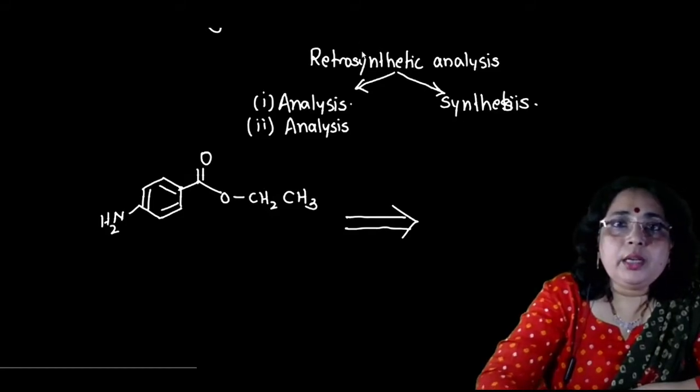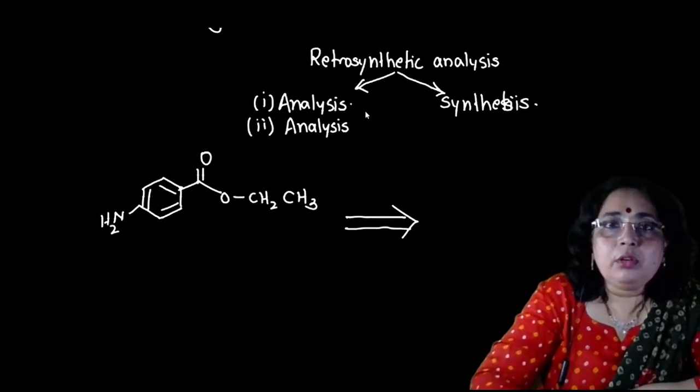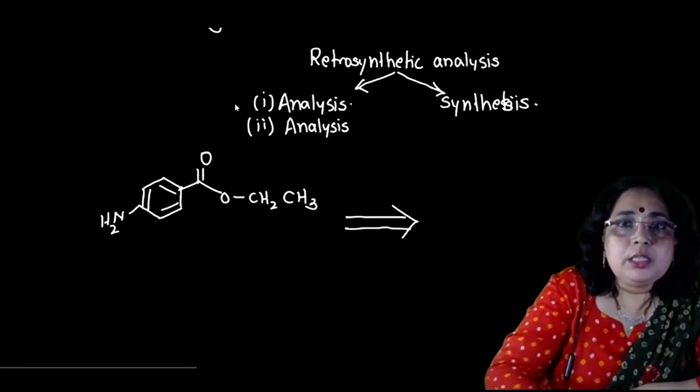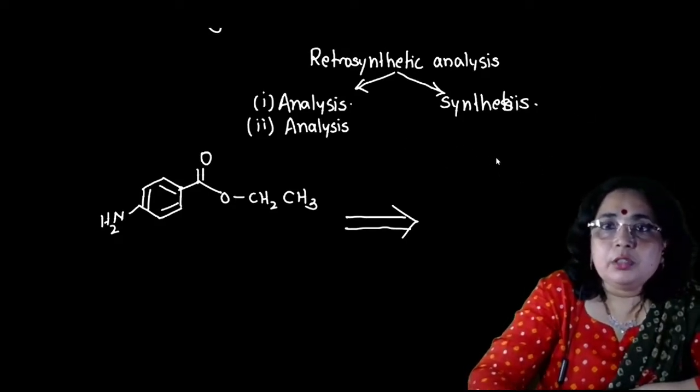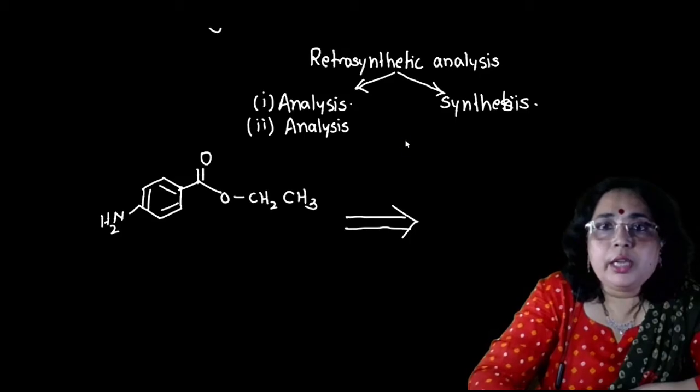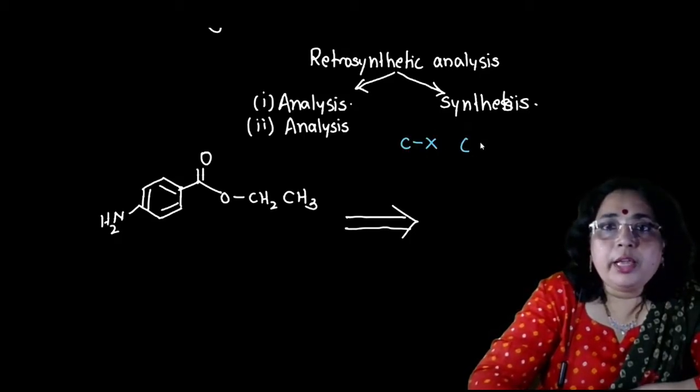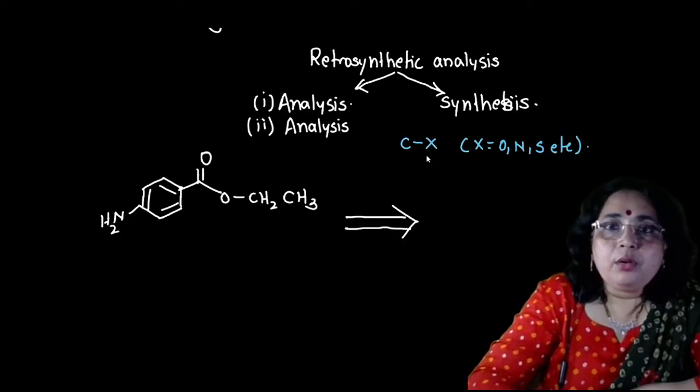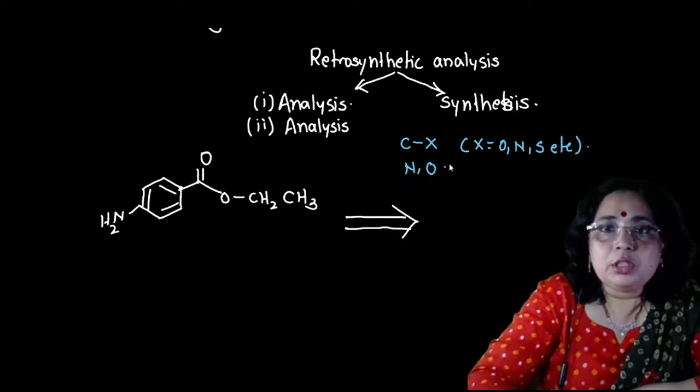As we know, if there is any heteroatom, you can carry out the C-X disconnection first. Now here your X will be oxygen, nitrogen, sulfur, etc. Now here you have a nitrogen, you have an oxygen.